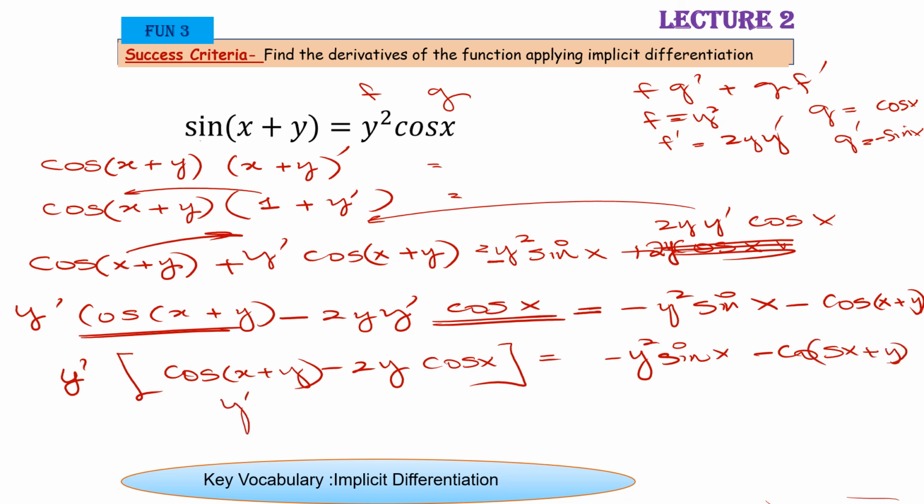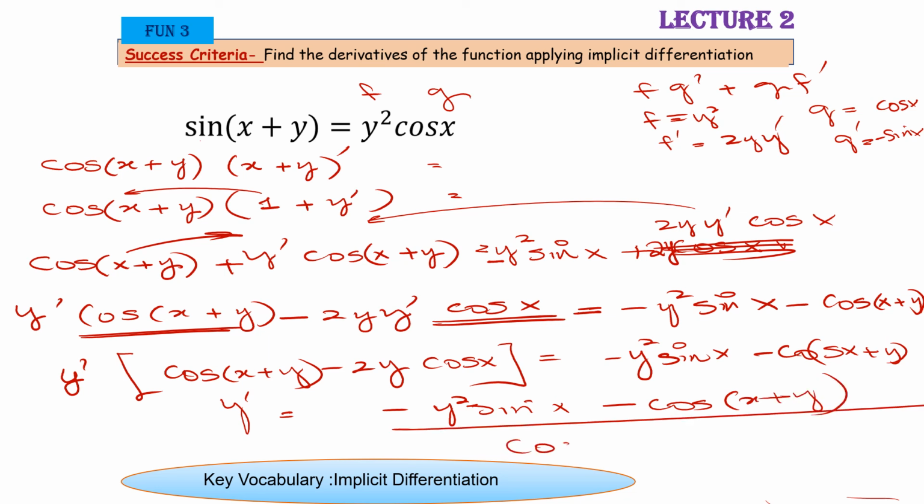So we will get y prime equals to negative y square sine x minus cosine x plus y divided by cosine x plus y minus 2y cosine x. I hope that you have understood this concept.